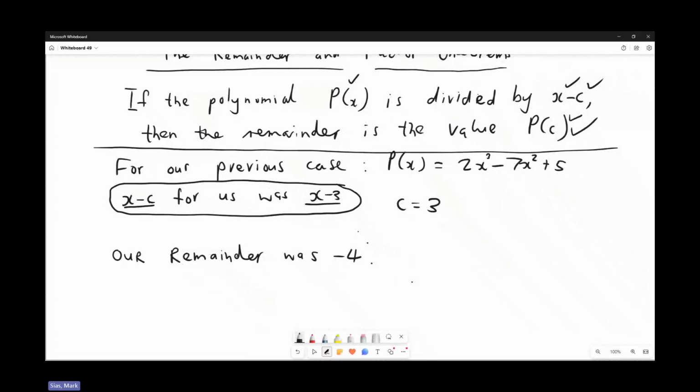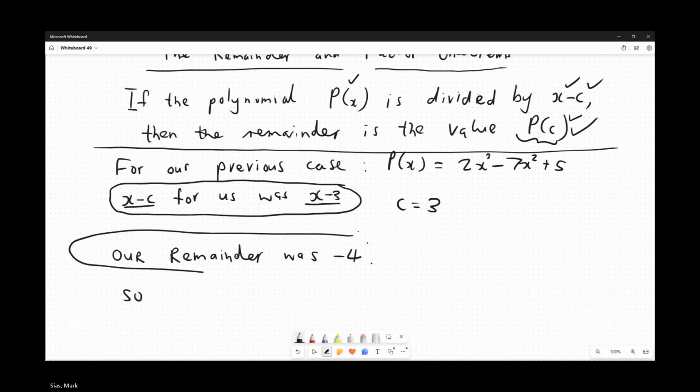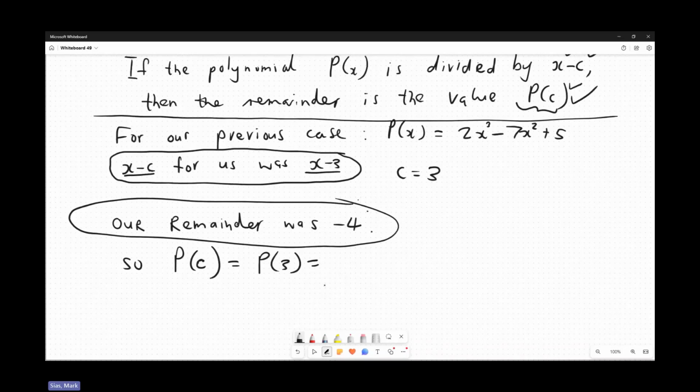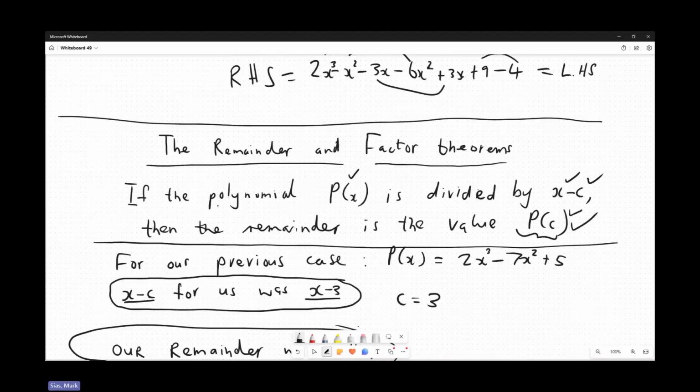So they say all you have to do is calculate p of c, and that's your remainder. So p of c is equal to p of 3. And now I substitute the 3 in here.